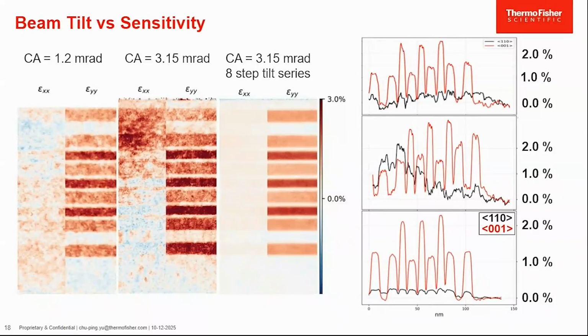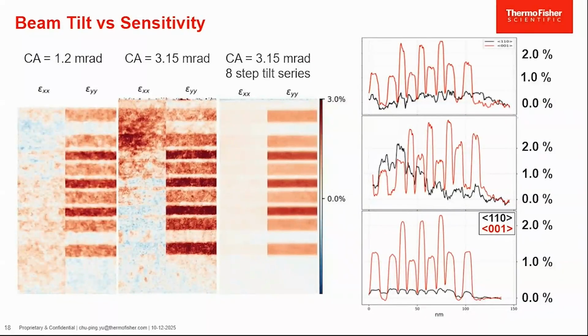So just drawing that conclusion again, we gain resolution with larger opening angle, and we also gain strain sensitivity with frame-based precession without the need to sacrifice any of this.